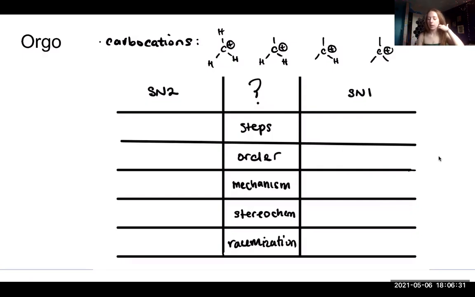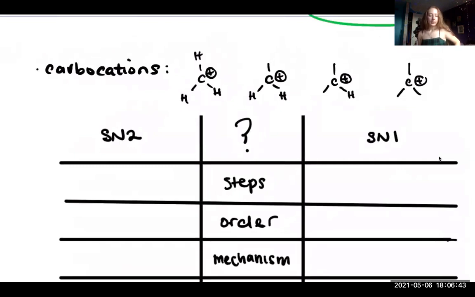Okay. So let's first talk about carbocations and degrees of carbons. For carbocations, or for any carbon, we can label if they're primary, tertiary, or whatever.